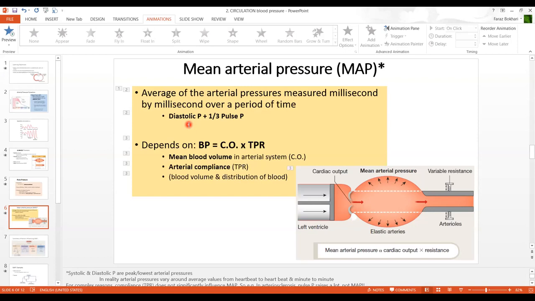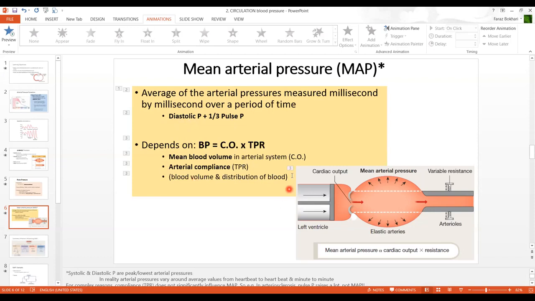Yes, 2/3 is diastole and 1/3 is systole, if you remember, at rest, that is. So it makes sense that the overall average of the blood pressure would reflect more the diastole of the system than the systole. This is another way of understanding it. Okay.